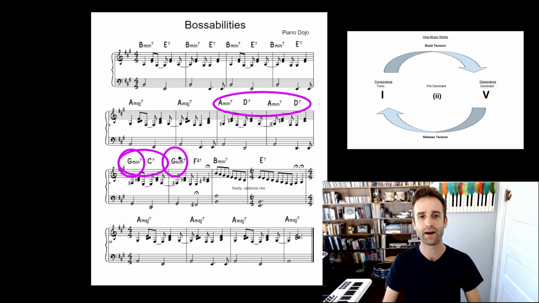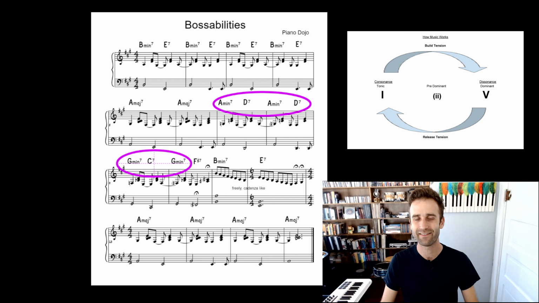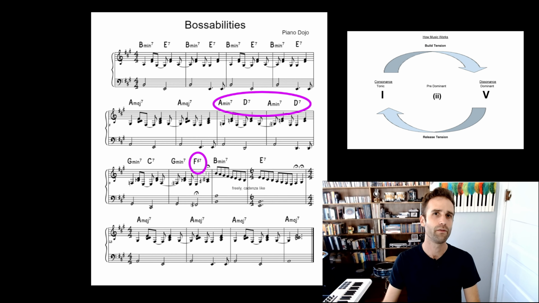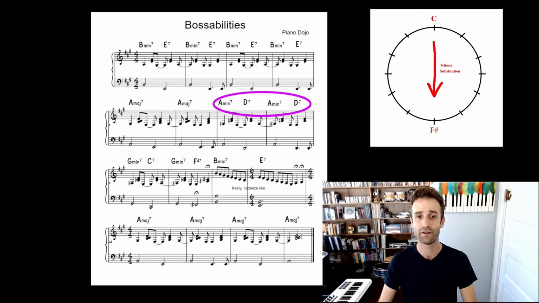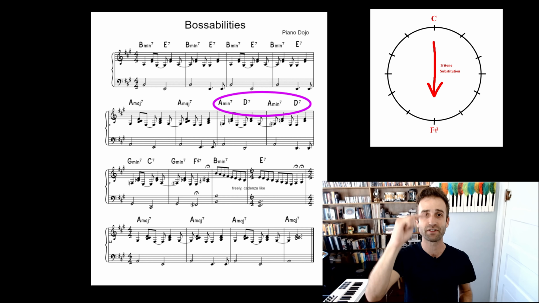So how did we find our way back from a G minor and a C7, which should technically take us to F, right? But instead, we found ourselves on the F sharp 7. And we've done this before. What this is called is the tritone substitution. A C7 and an F sharp 7 are exactly opposite from each other on the circle, and therefore we know that they are tritones.